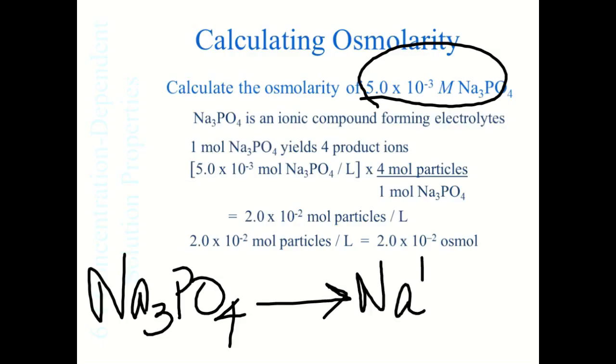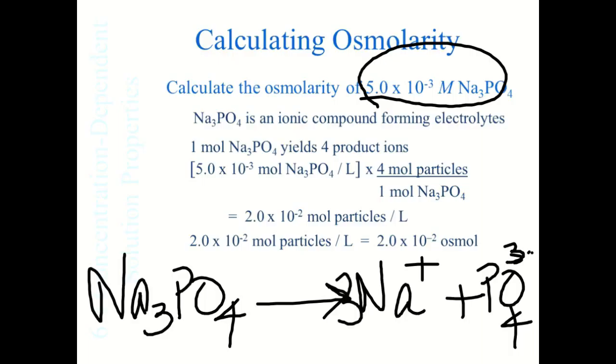I'm going to see that you come up with a plus and a minus. So then, how many sodium ions are there in the Na3PO4? Na3. How many sodiums do you see?